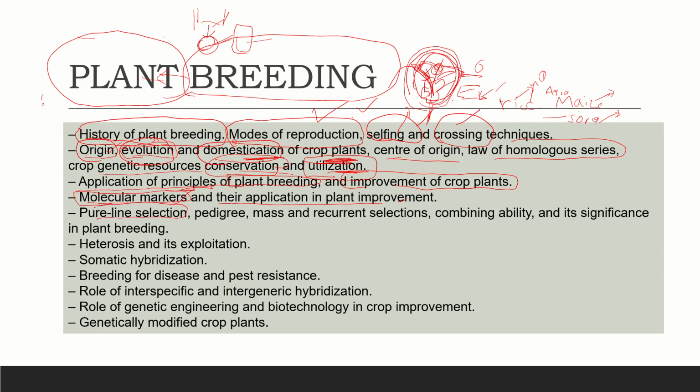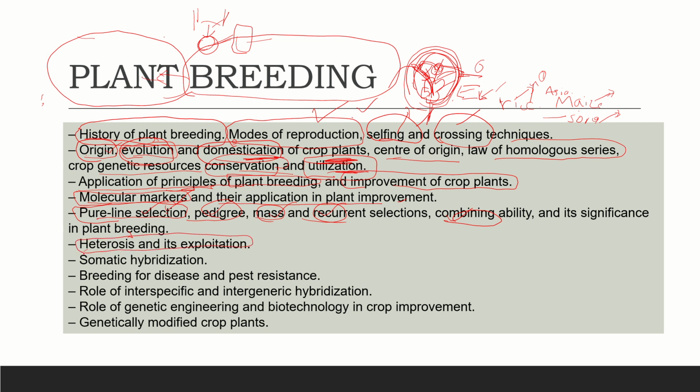Pure line selection. We have different types of breeding, like pure line selection, pedigree, mass, recurrent, combining. All these are types of breeding, and they are different from each other, so which is suitable for different crops. We should study all these things, and they have similarities too, so it is easier to understand.